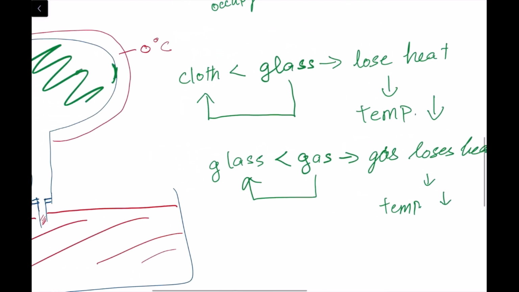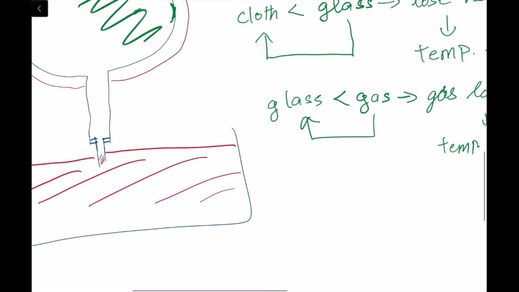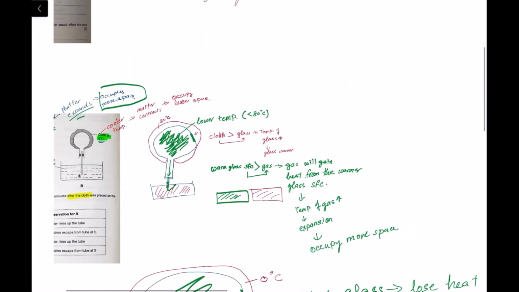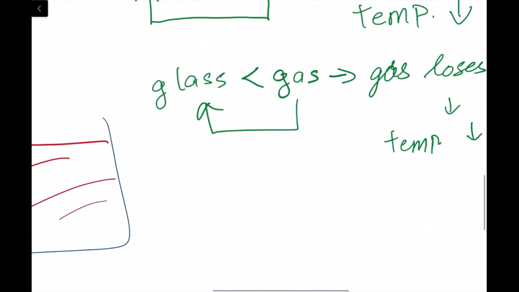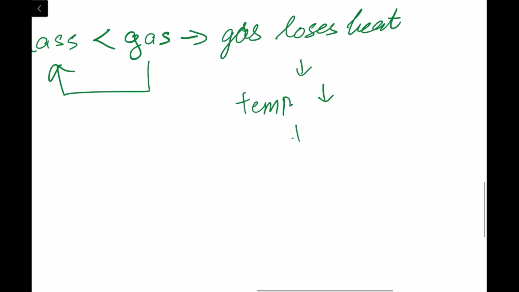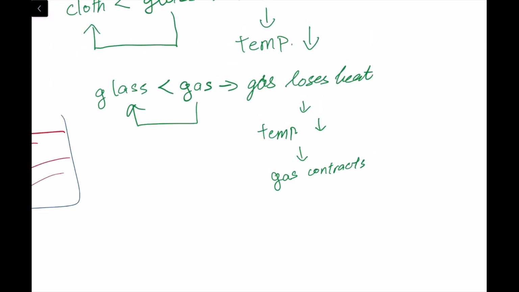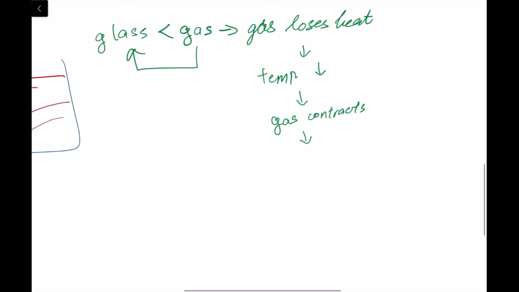Now when the temperature falls, it gets cooler, and any cooler piece of matter contracts. When matter loses heat, it contracts. So this would cause the gas to contract. And when any matter contracts, it occupies lesser space.